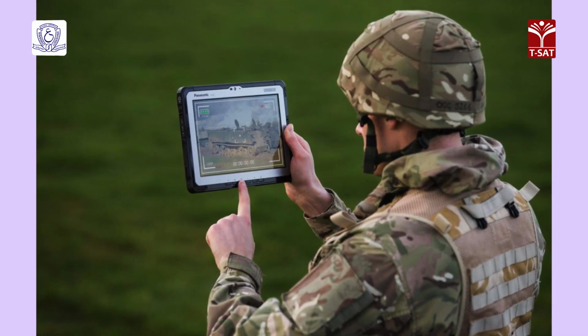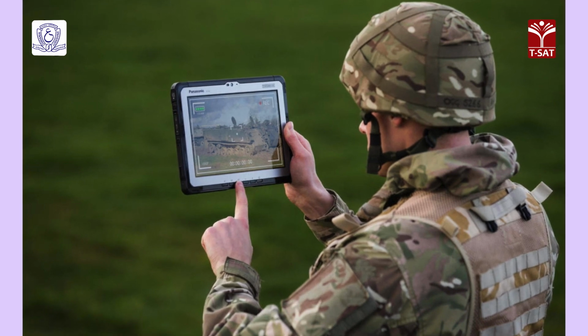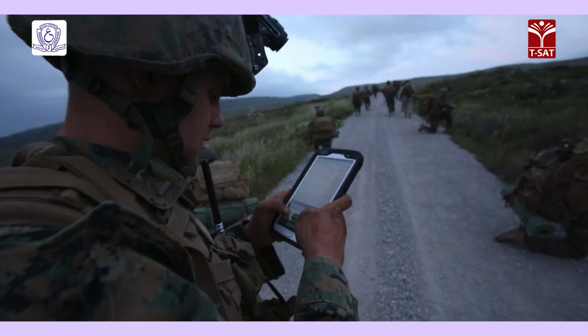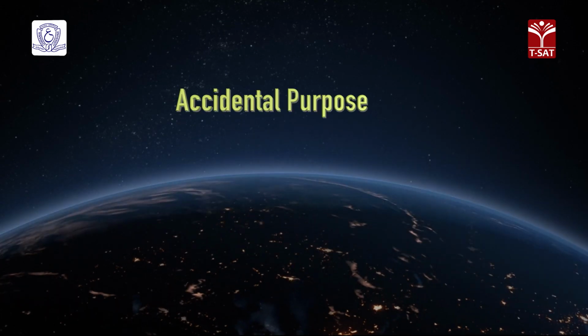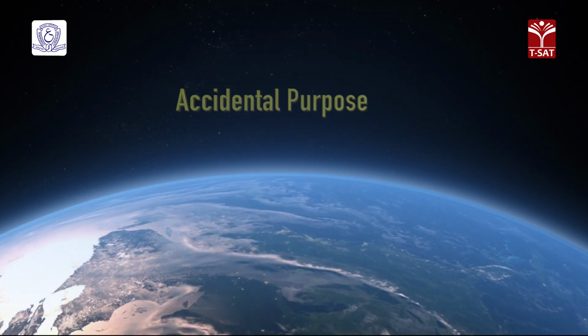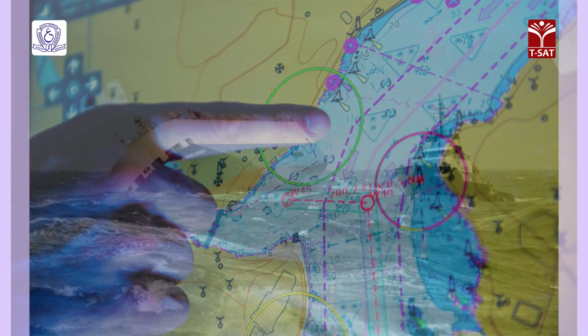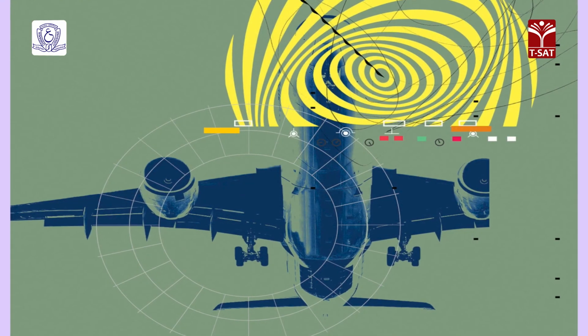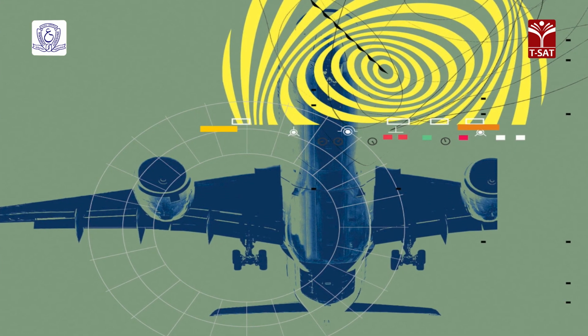GPS and defense. The Army uses GPS for modern defensive purposes like tracking and rescue. Accidental purpose: to find and rescue any crashed ships and aeroplanes, GPS plays a very important role.